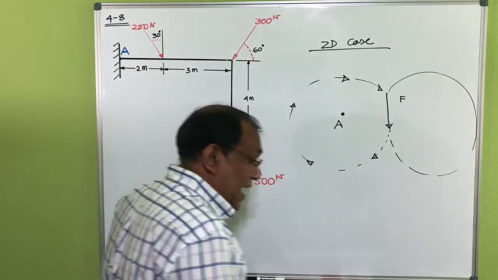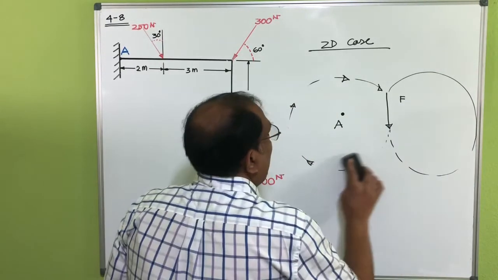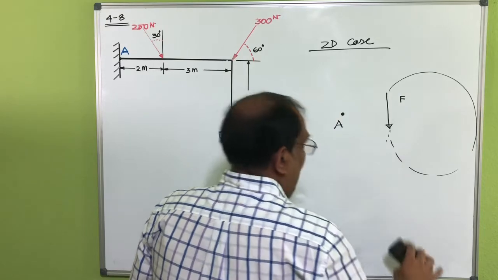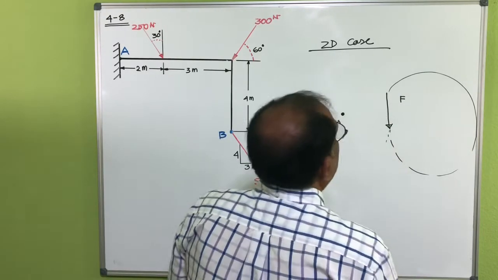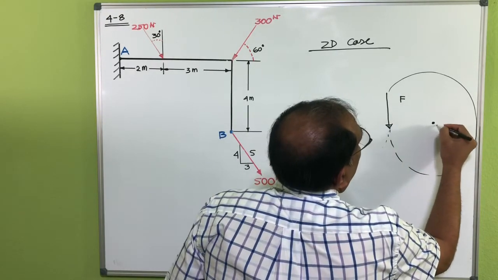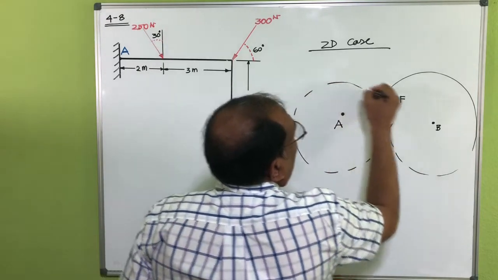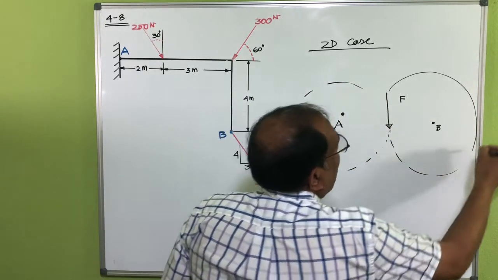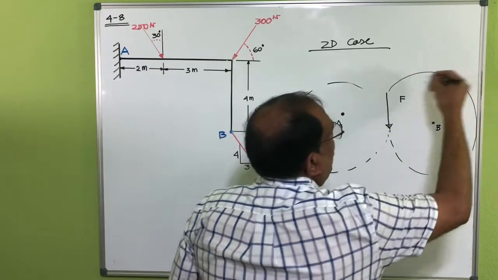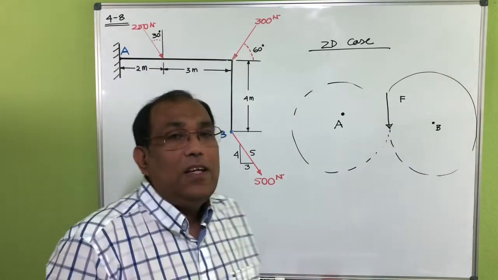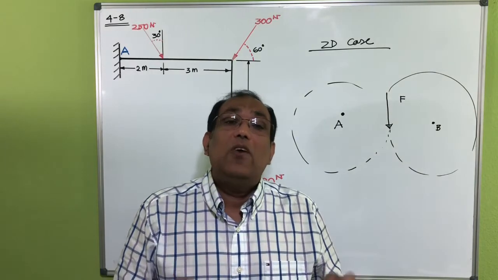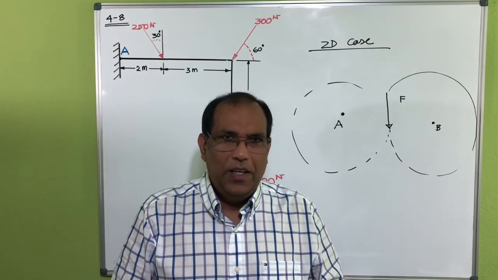But for the same load, same force, if I take a moment at a point somewhere here, B, then you can see this one is now rotating along point B. So it's very important which point you are taking the moment about, okay?